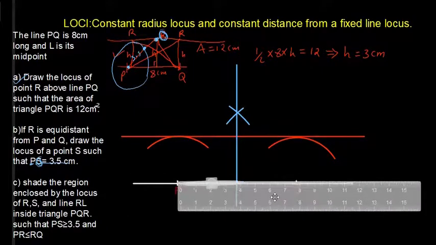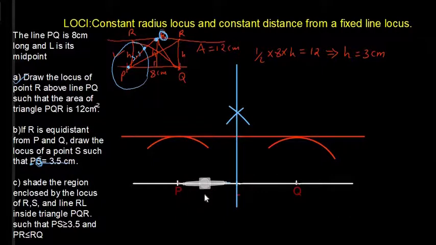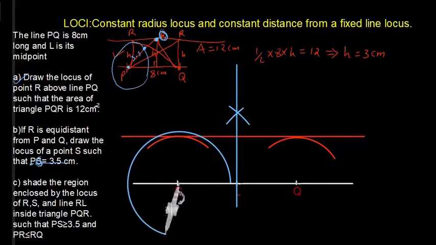So we measure 3.5 right up there. Once we've measured 3.5, next thing is to draw the locus. So the locus will be something like this. So once that is done, I think we can now move to part C.